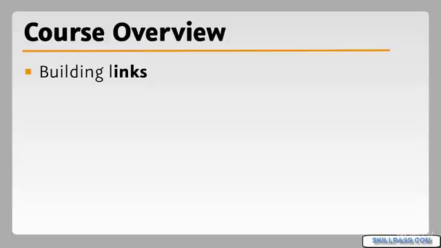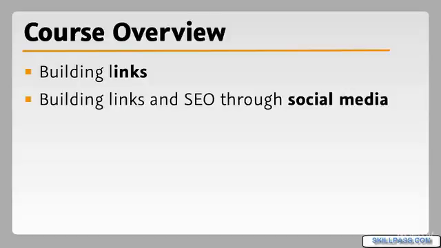There's a lot of things that you can do on your own site, and that's the on-page optimization. Off-page optimization surrounds the building of links to your site. Links from other websites to your website is critical in gaining high positions in the search engines. Also, how do you build links using social media and other search engine optimization techniques?